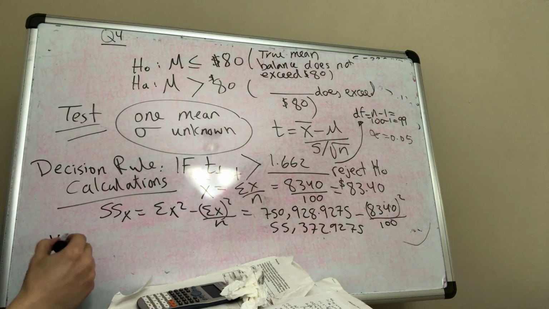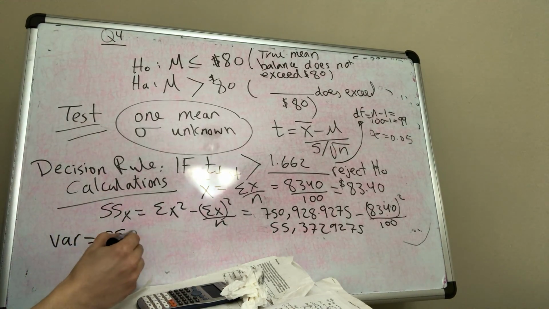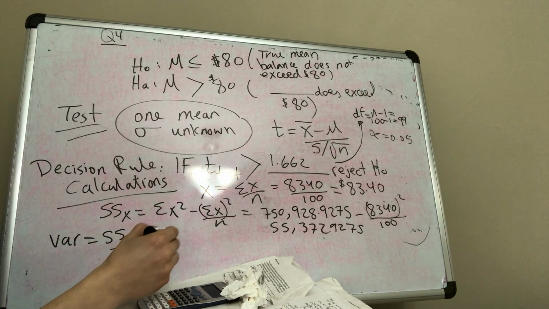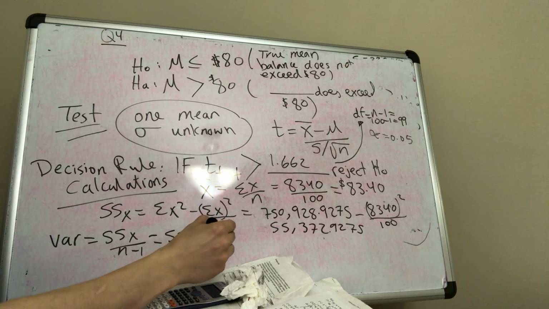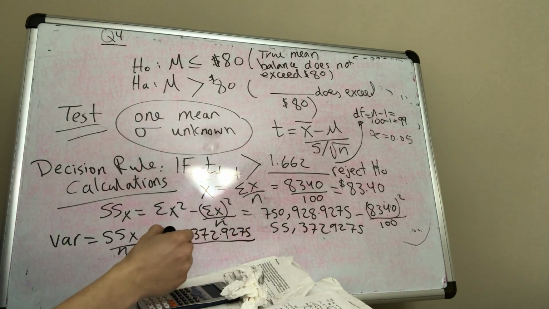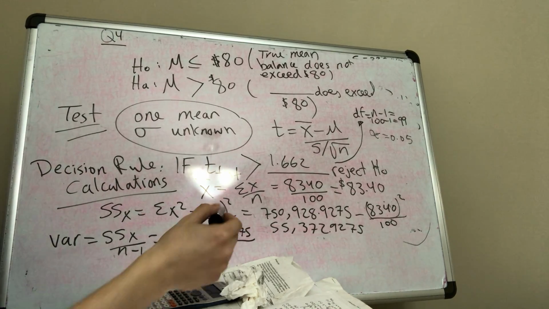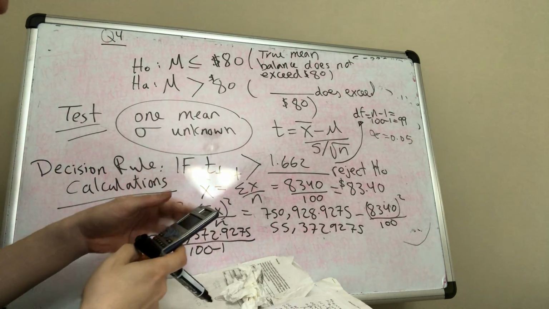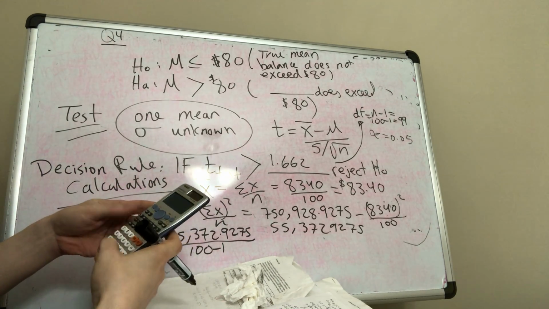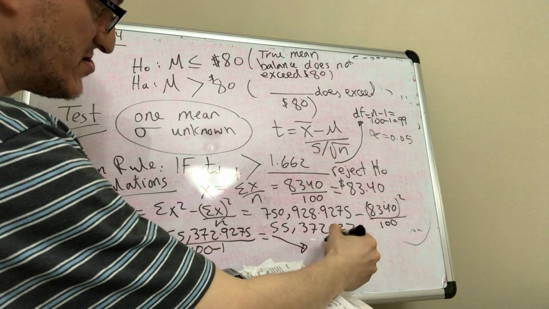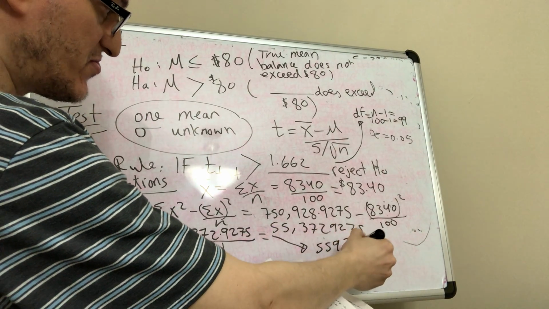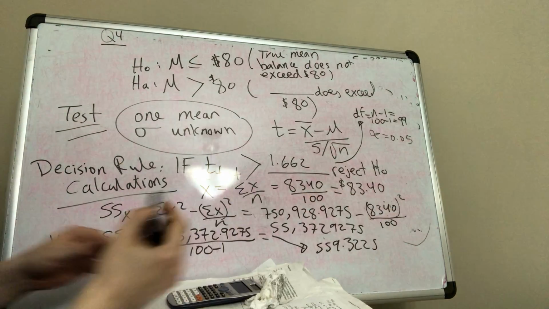We use it to find variance, which is this over n minus 1. So 55,372.9275 over 100 minus 1, or over 99. This gives you 559.3225.